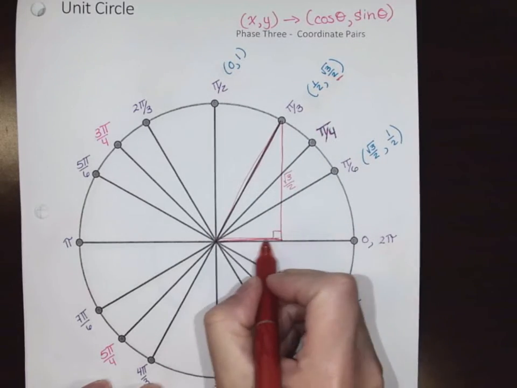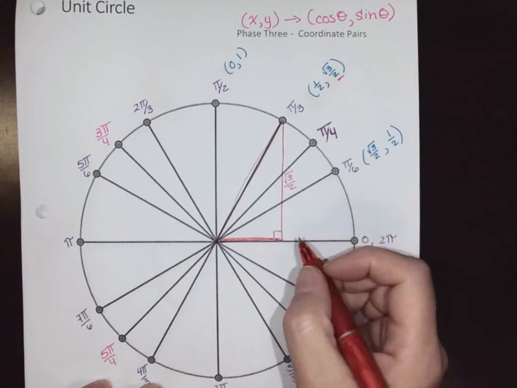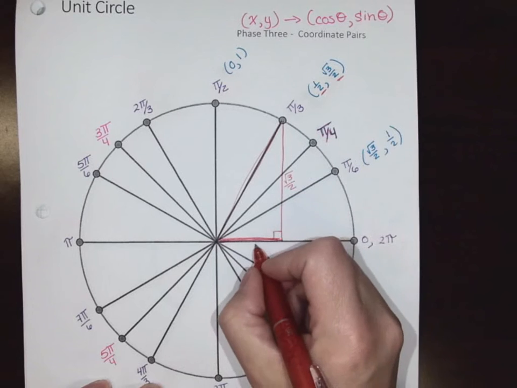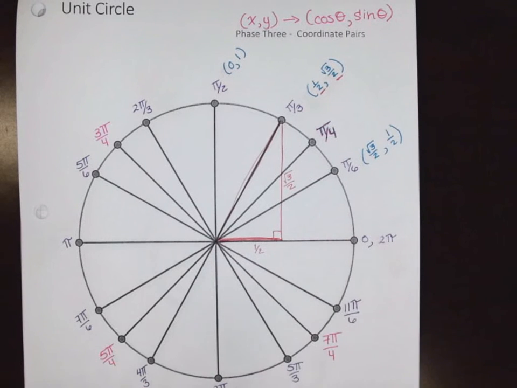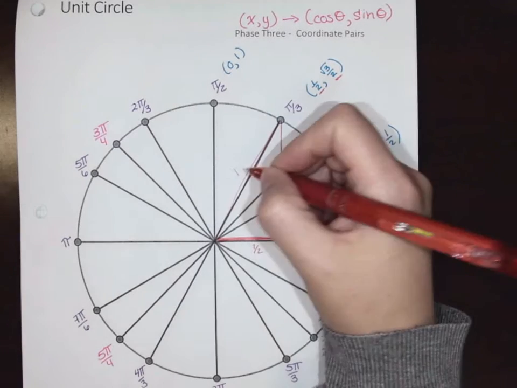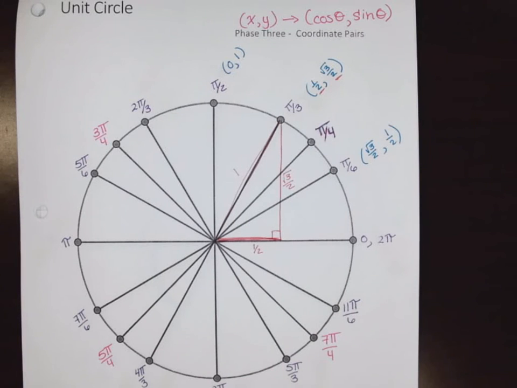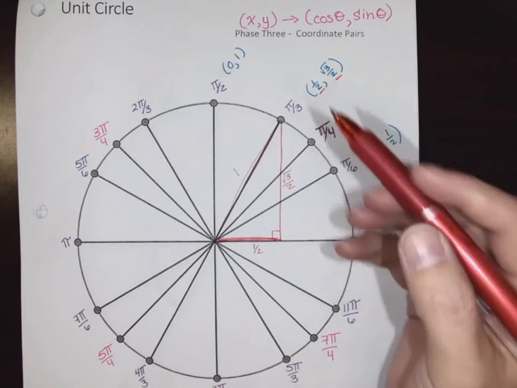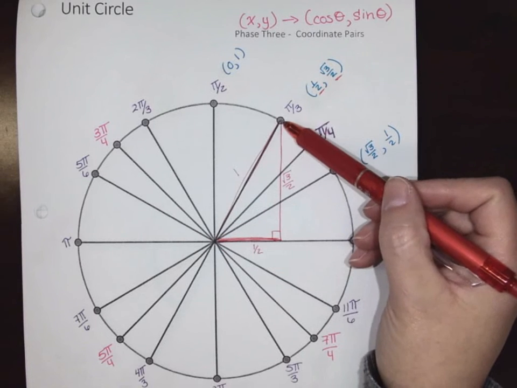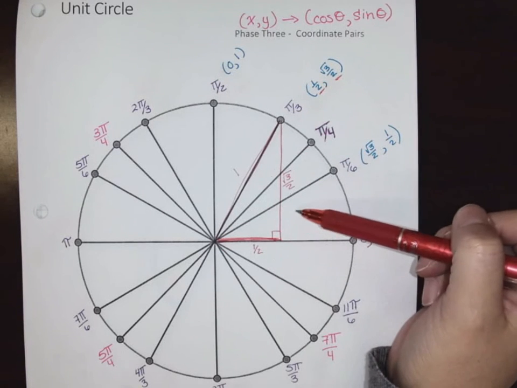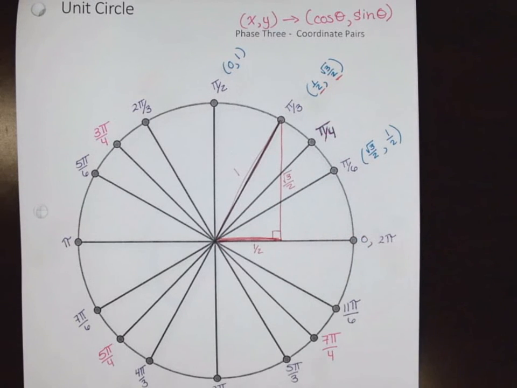What's the base of this triangle? 1/2. Okay? What's the hypotenuse of that triangle? It's just 1, which if you did a squared plus b squared, you will get 1. Well, because I know the radius of the unit circle is 1. We can calculate it out if we need to, but I don't think we have time.